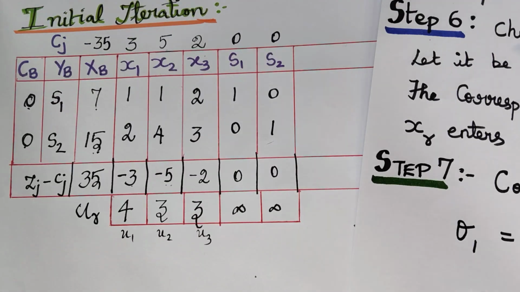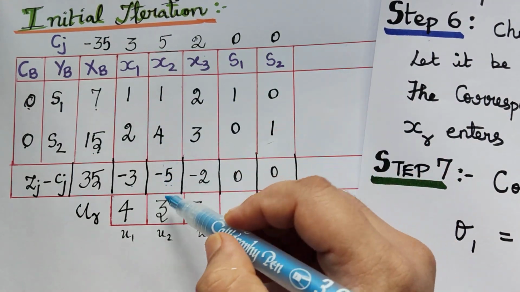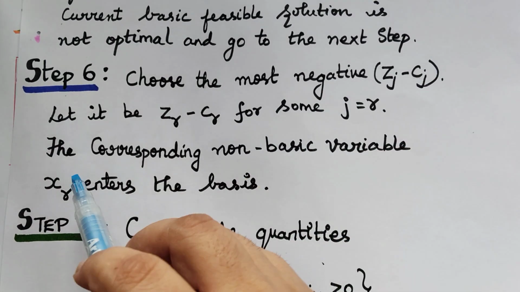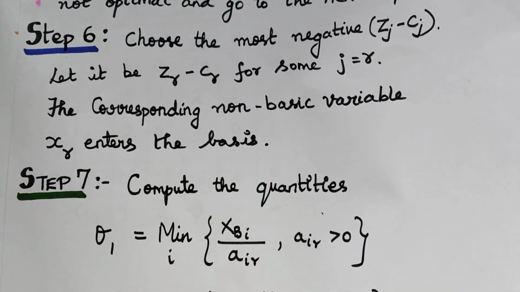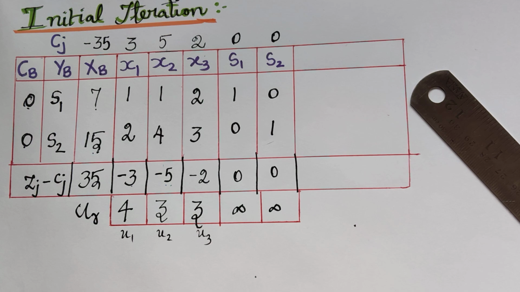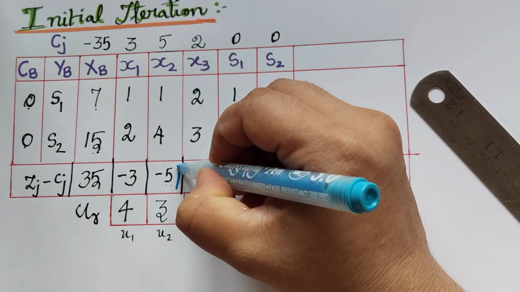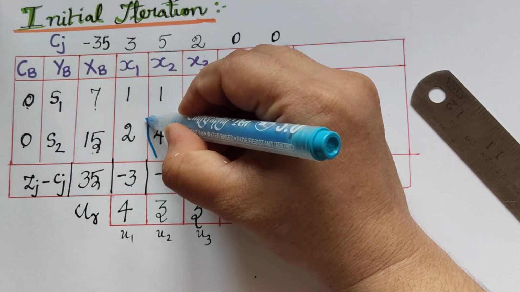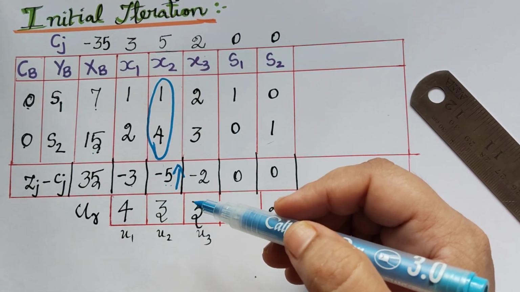That is, here we have Z2 minus C2 because it is in the column x2. So for some j equal to r, the corresponding non-basic variable xr enters the basis. What is the corresponding non-basic variable? It is x2. So x2 enters the basis.